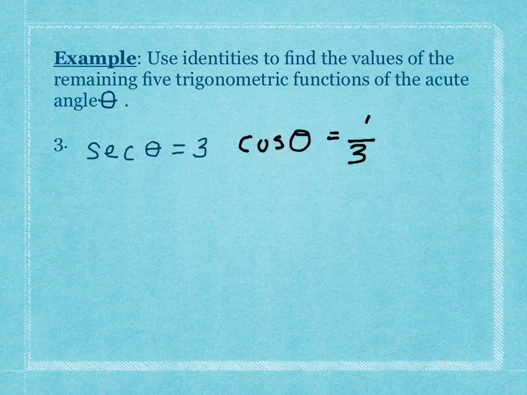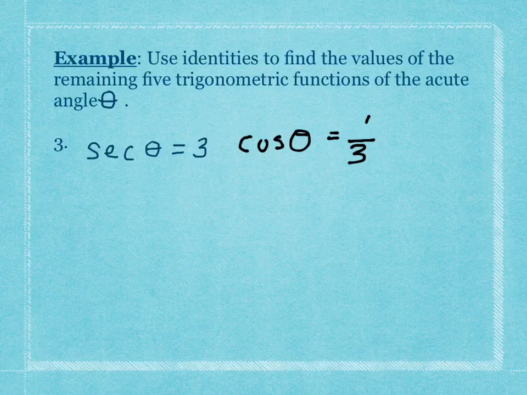In particular, you see secant theta here and you see cosine theta here. What that means is that I could use either the sine squared plus cosine squared equals 1 identity and the cosine value to find sine, or I could use the tangent squared theta plus 1 equals secant squared theta identity and I could find tangent. Or I could use both of them and find each of those items, right?